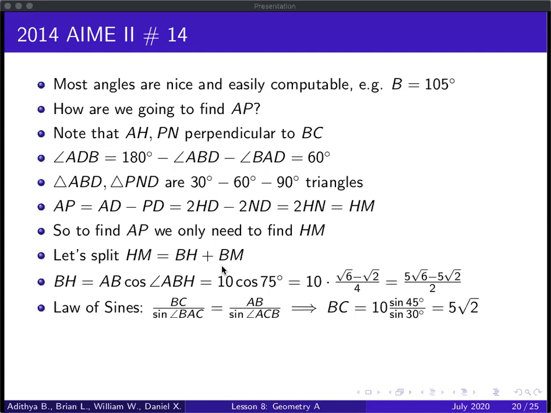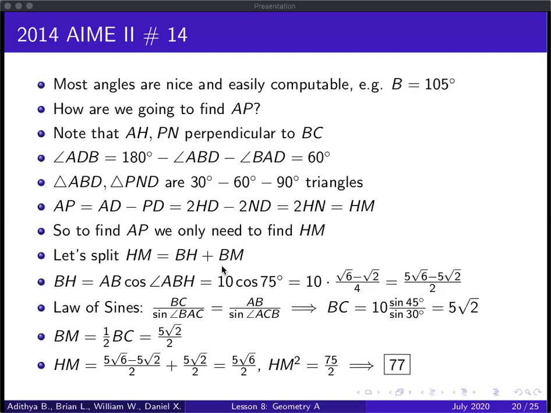So now we've computed the lengths of these two segments, and we want to add them together in order to compute HM. And HM ends up being 5√6 over 2. So we square that and we extract our final answer.